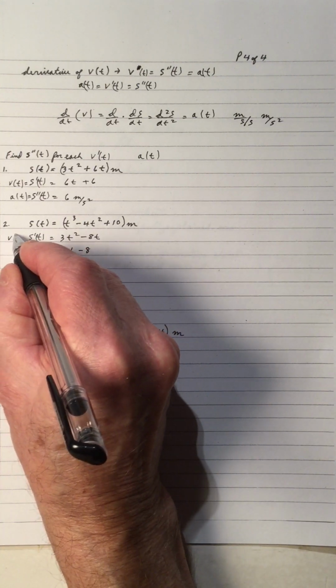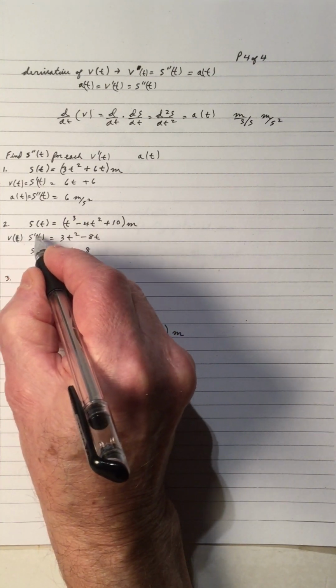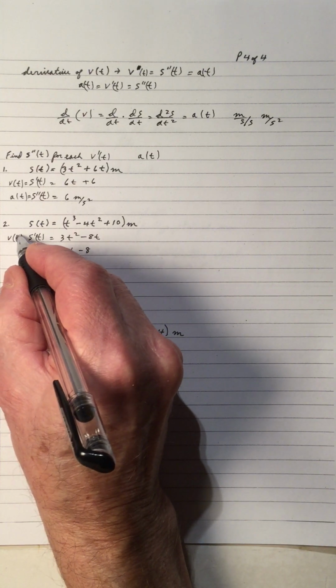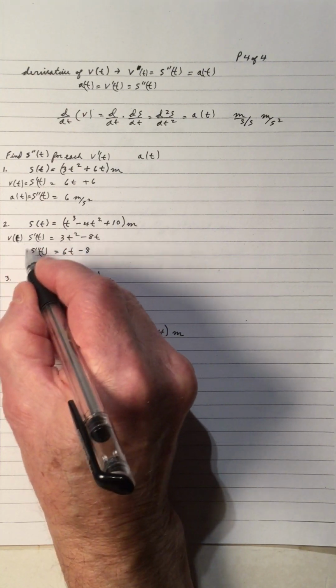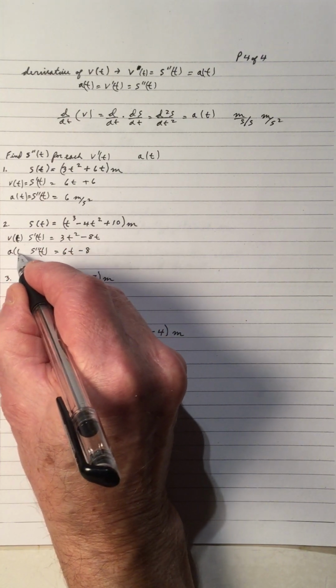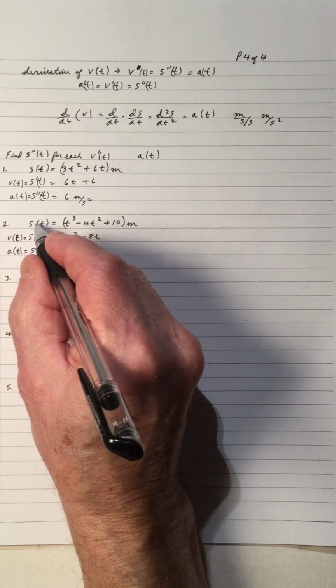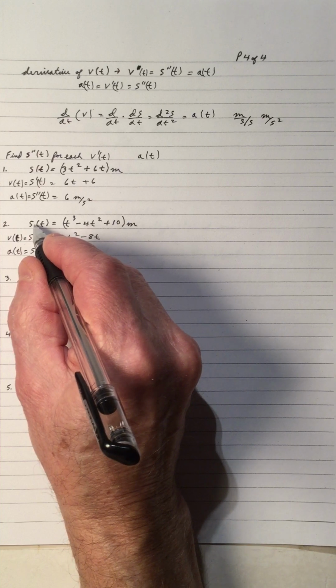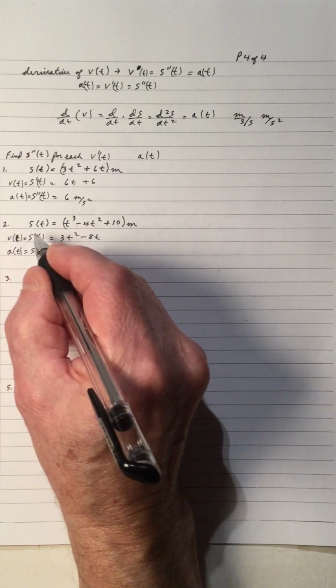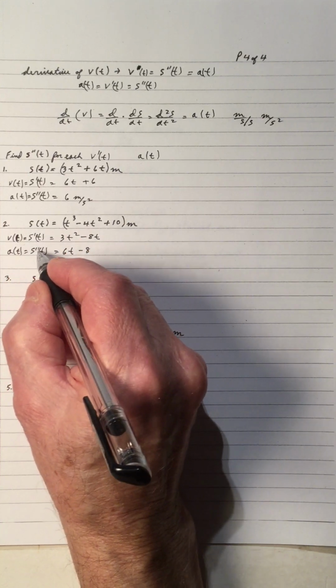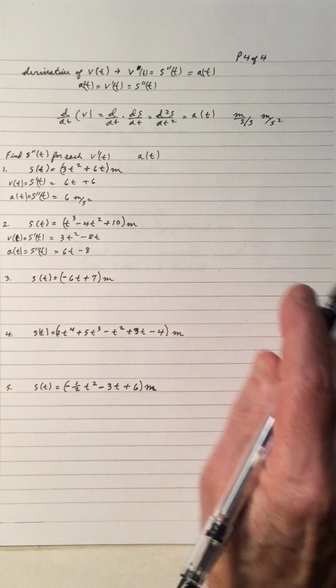Again, this is the velocity, the first derivative, and the acceleration is the second derivative. The derivative of the velocity is acceleration.